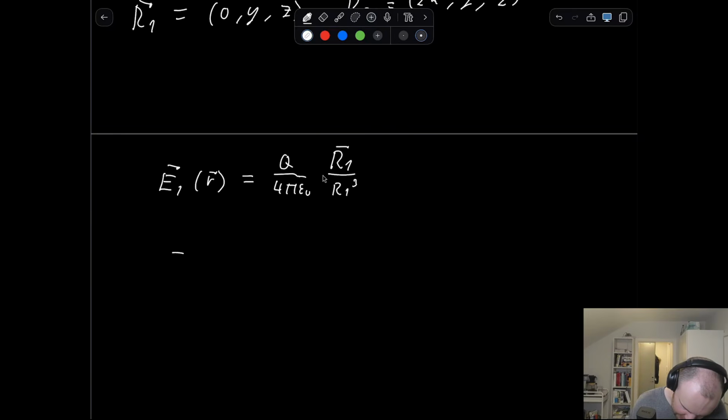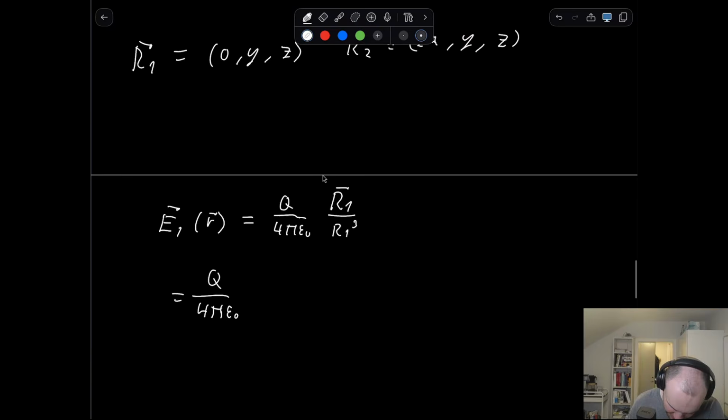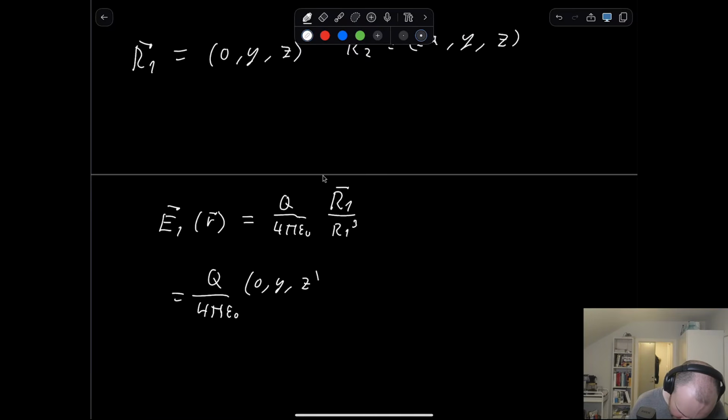That is the same as q over 4 pi epsilon 0 times r1, and r1 was just 0, y, z, divided by y squared plus z squared, to the power 3 over 2.